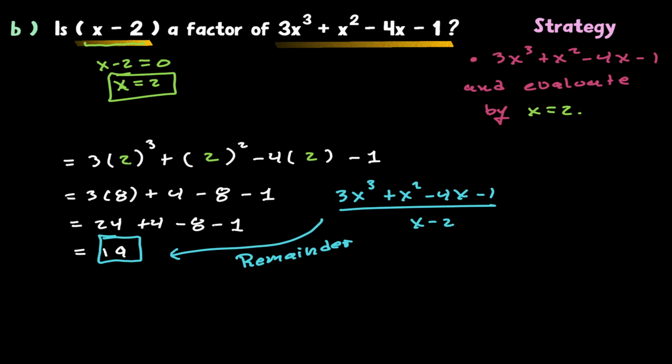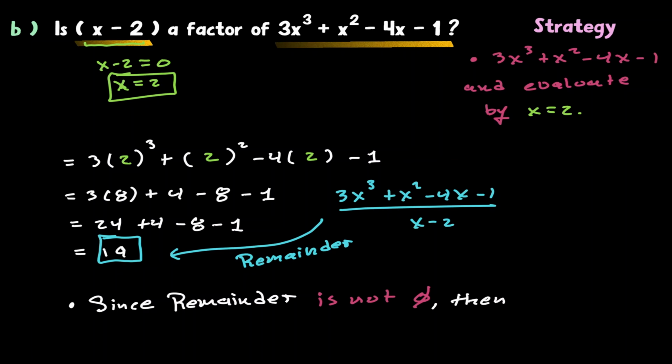Notice that this remainder is not 0. Then we can say that the expression x minus 2 is not a factor of the expression 3x to the third plus x squared minus 4x minus 1.